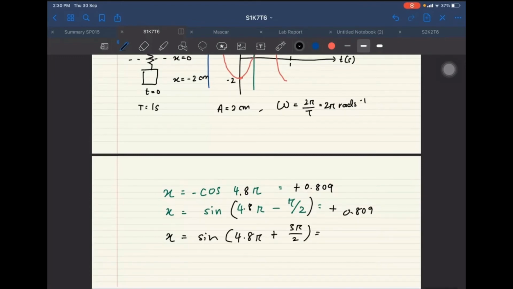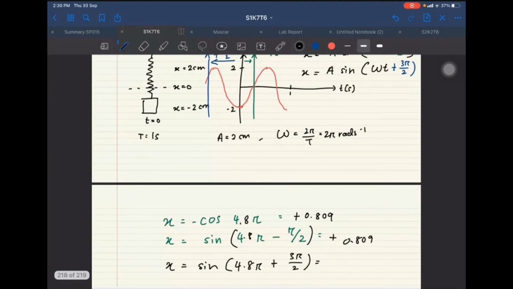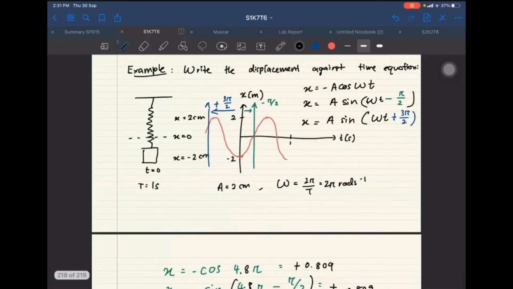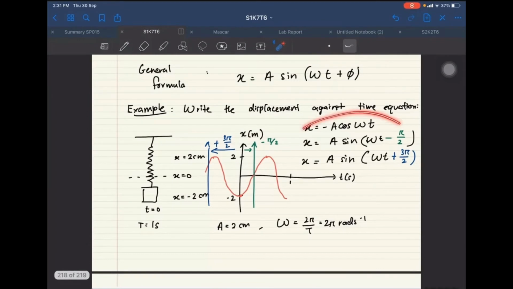Okay, what did you get? Press once. 0.809, same. So you get the same answer. So basically these three equations are the same thing. They represent the same thing.